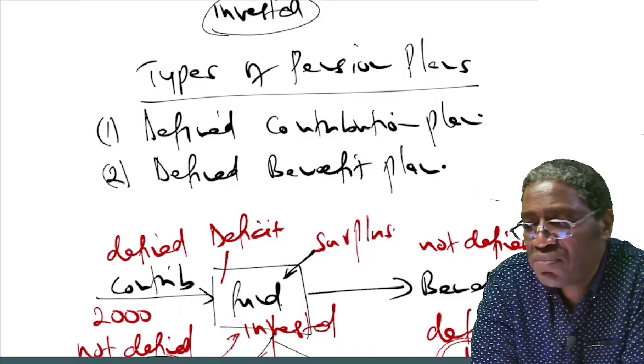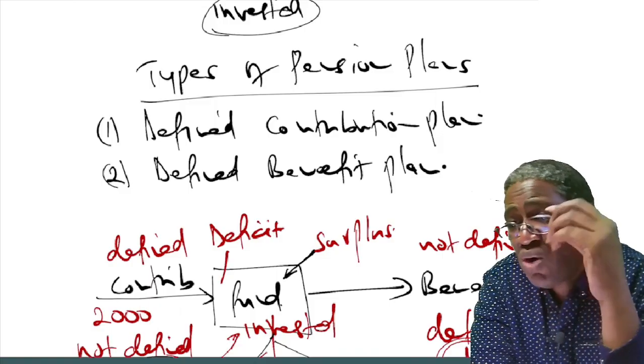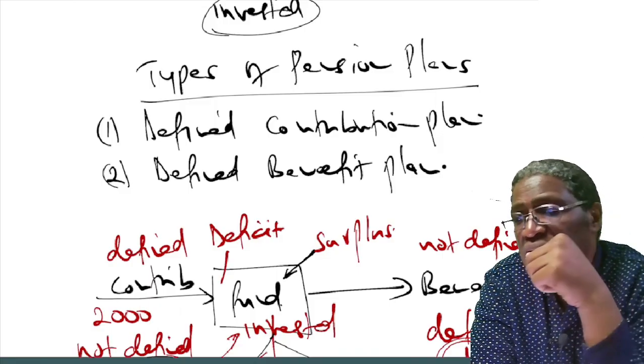Then under that you say, number one is defined contribution plan. Then you say this.